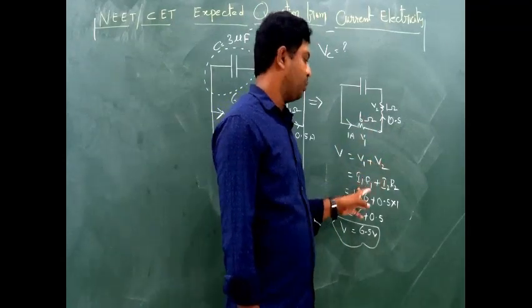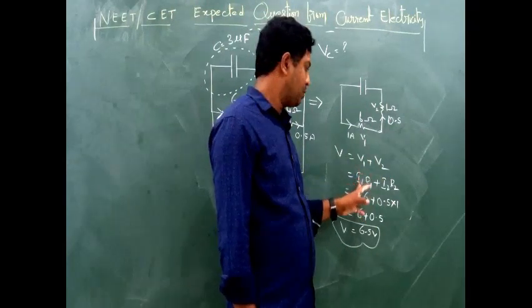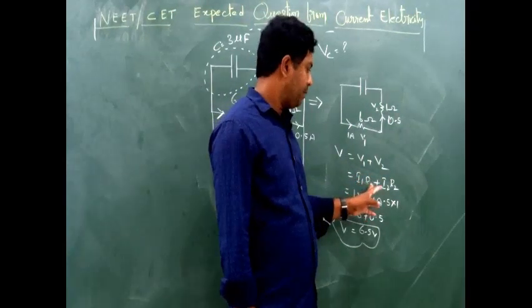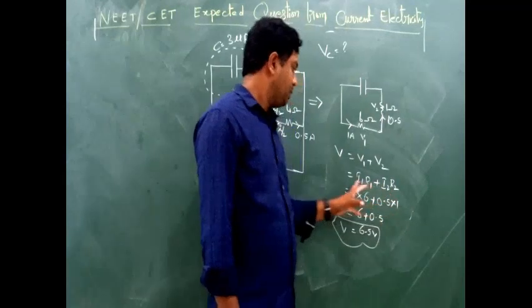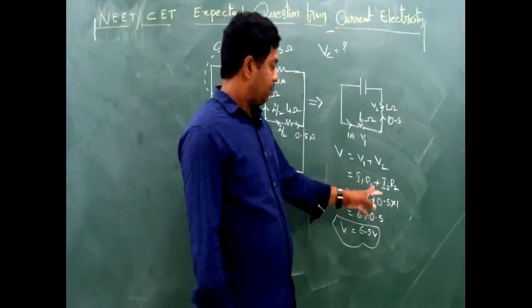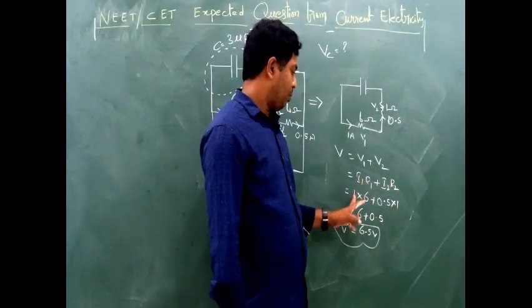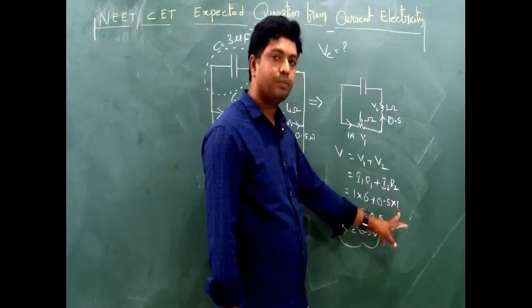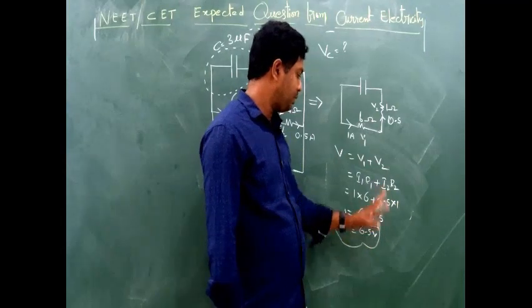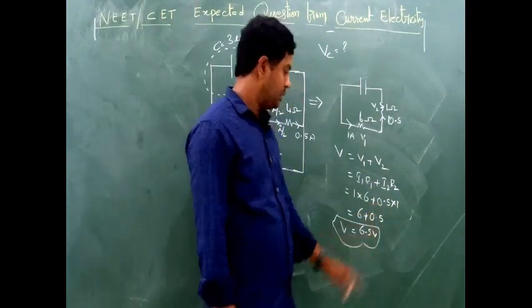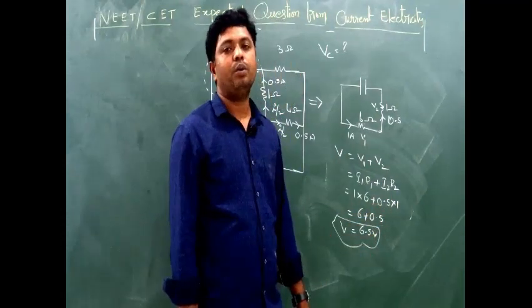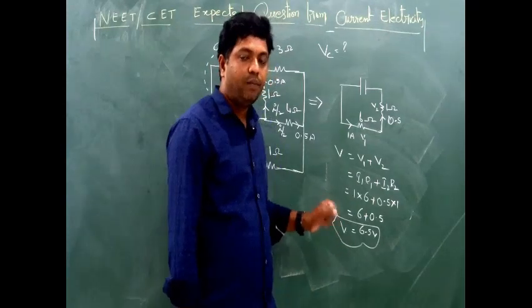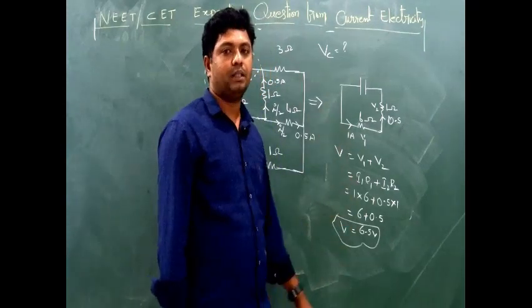From Ohm's law, V is equal to I into R, so V is I1 R1 plus I2 R2, which is 1 amp into 6 ohms plus 0.5 into 1, equal to 6 plus 0.5, equal to 6.5 volts. This is the potential difference across the given capacitor.